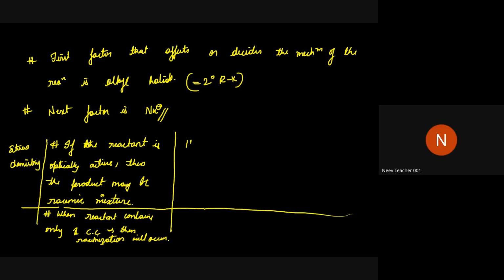Yes, sir. It has been experimentally derived that 100% racemization does not happen. That also is true. So 100% racemization won't occur. The inverted product is slightly more than the retention product. So I can also give a note that during an SN1 reaction, 100% racemic mixture is not formed.